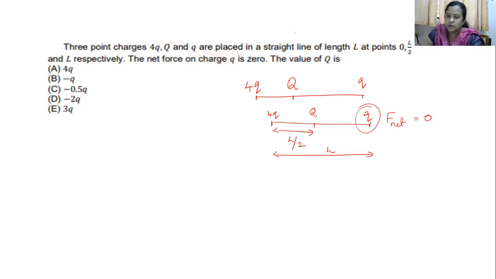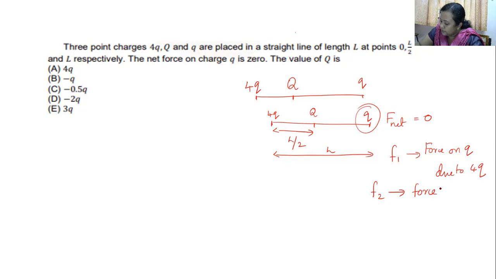From Coulomb's law, we know that there is some force on q due to the presence of these 2 charges. So we can write F1 as the force on q due to 4q, and F2 is the force on q due to capital Q.